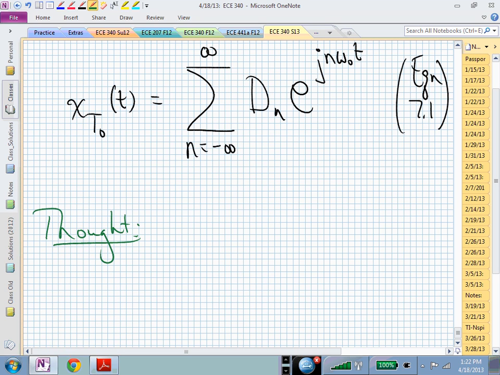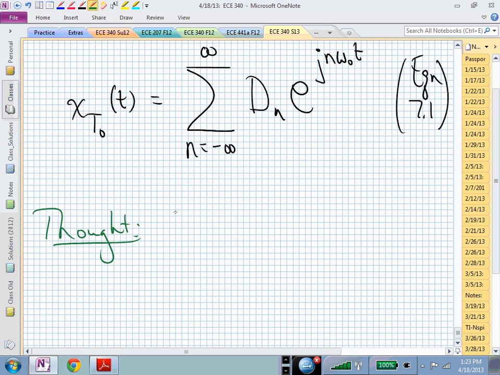But for now, once we have little x sub t naught of t as a waveform, it's a pretty straightforward process to return little x of t. All you have to do is hand them the picture between minus t naught over 2 and plus t naught over 2. You just throw away everything else. You created the periodic extension, but what you're really focusing in on is that little piece.